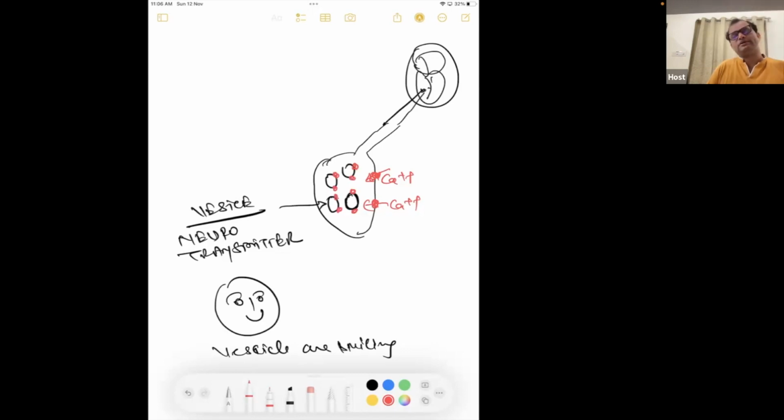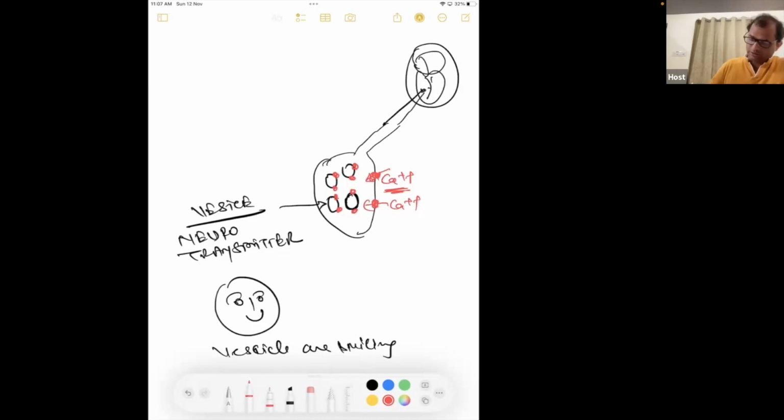Then calcium tells the vesicles, okay, now release the neurotransmitter. So the vesicle needs the support of calcium, like some car or some vehicle that will support. Then only the vesicle will open and release the neurotransmitter.